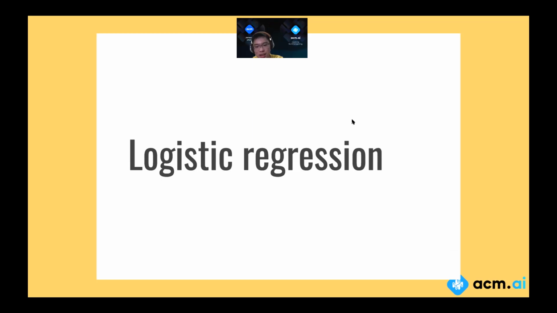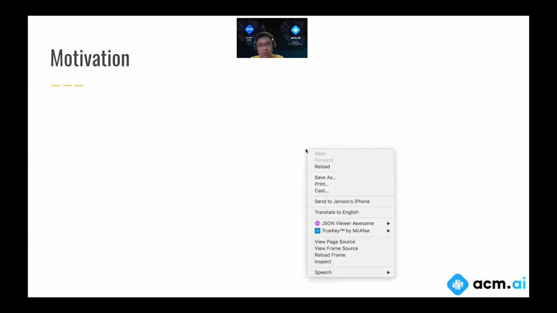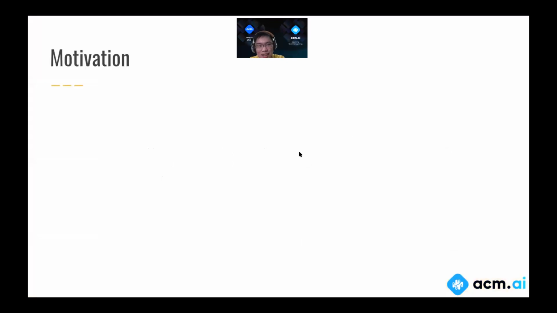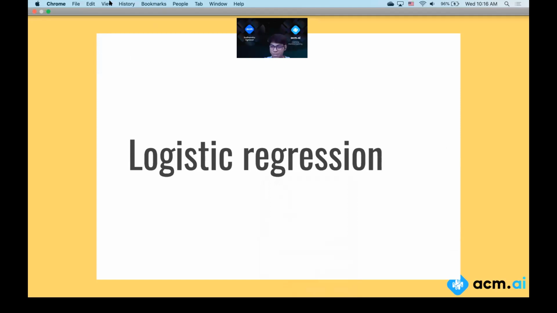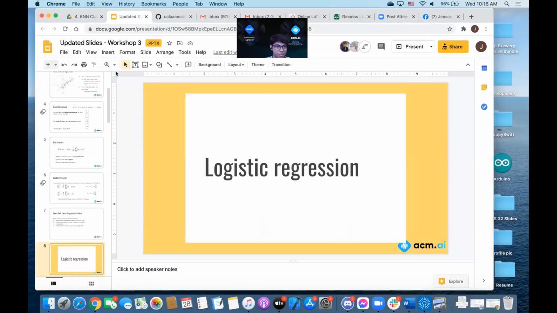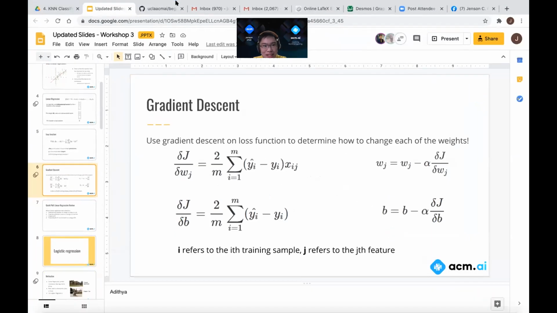I'm using escape, but it doesn't work. Oh, snap. Wait, do I have to finish this? That's weird. Maybe Alt F4, or I'm not really sure what's going on. Function. Command W. Oh, there we go. Okay, there you go. Sorry, that was weird. I don't know what happened there.